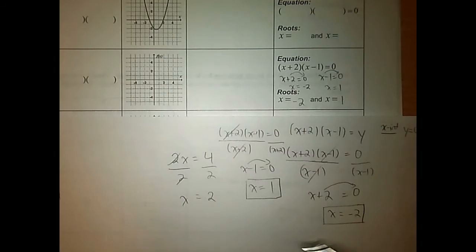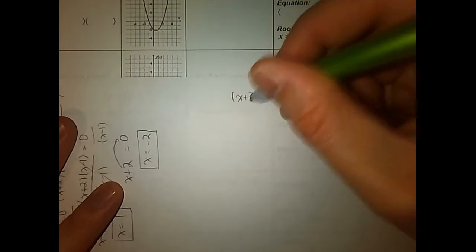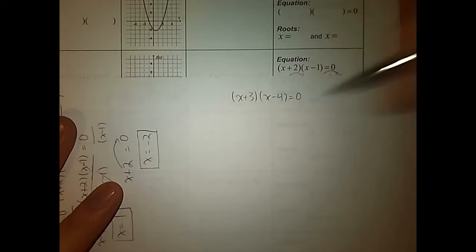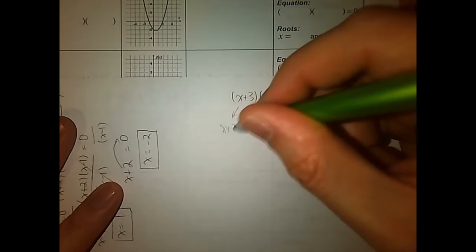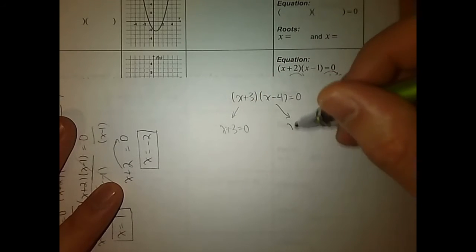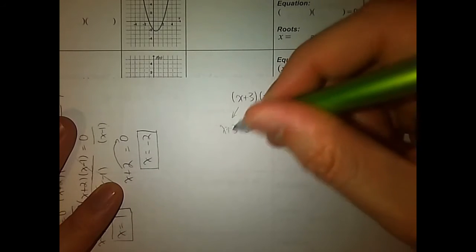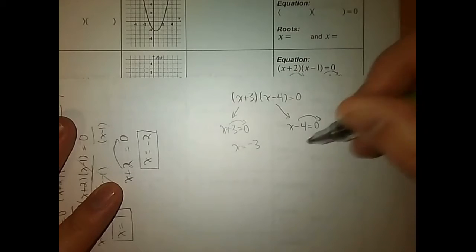If you're wondering what we need to know later on, we just have to know that if I have two factors, and I can just make up two factors, like x plus 3 and x minus 4 is equal to 0, well, I just get this factor equal to 0, and then get this factor equal to 0, and isolate for x in both of these.